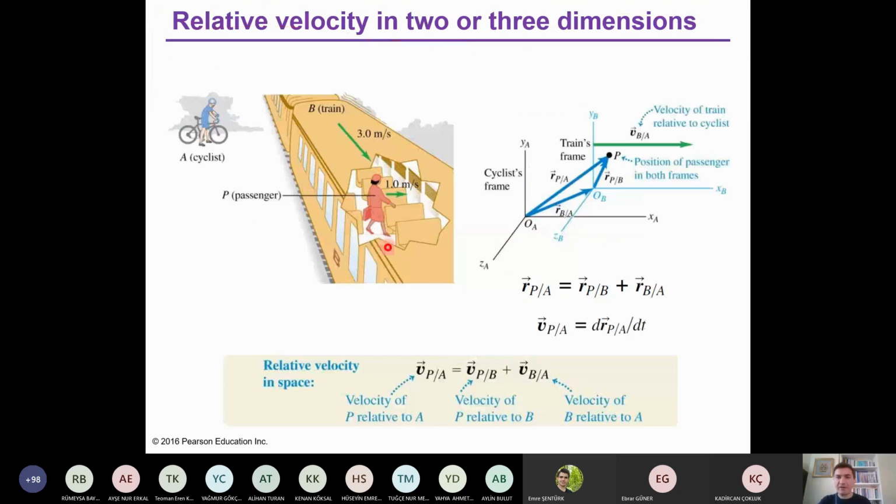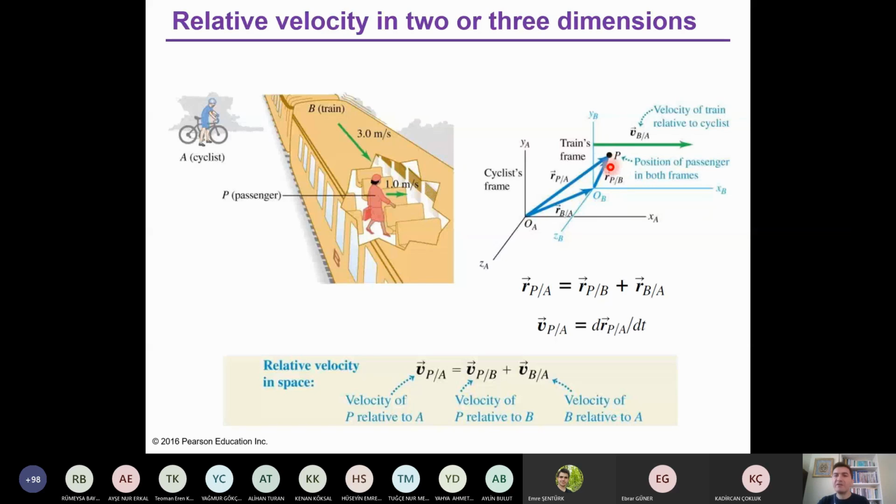So here we have the cyclist frame. This is the origin of the cyclist. This is the XA, this is the ZA, this is the YA, this is the cyclist frame. And here we have the train frame, YB, ZB, XB. This is the origin of the train, okay?